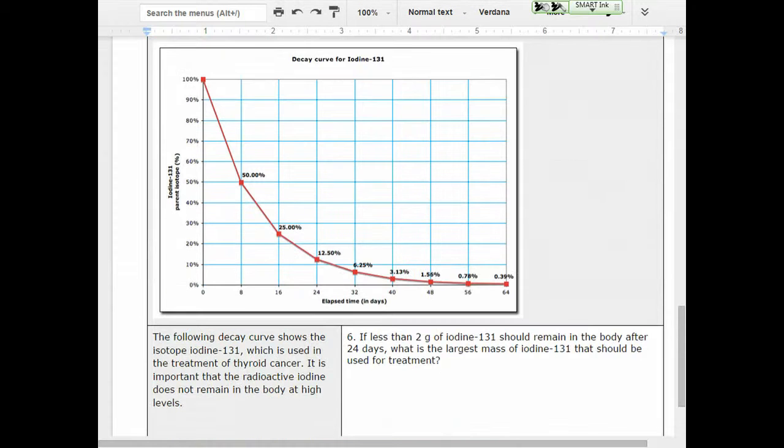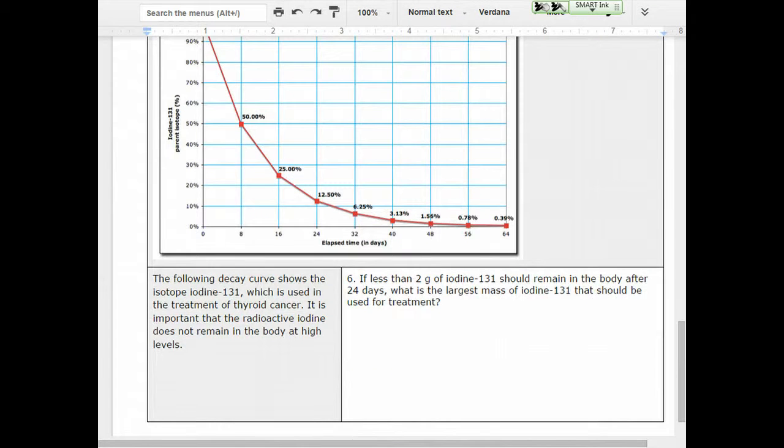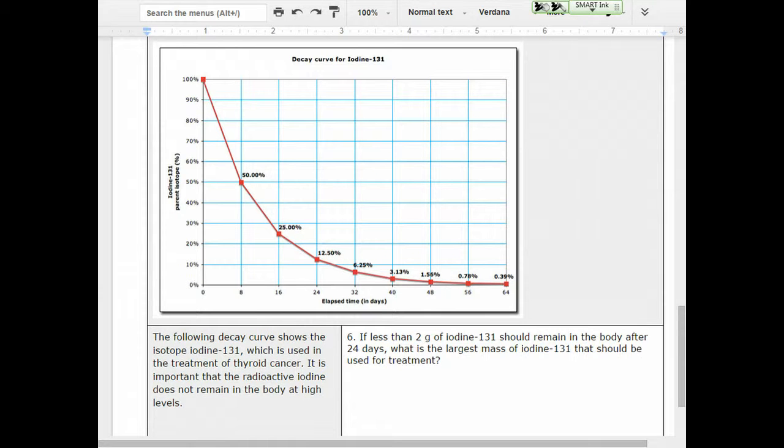Finally, we've got number 6. A couple people used different approaches to solve this problem. We want to end up with 2 grams after 24 days. Okay, so percentage-wise, 24 days, 2 grams, we're kind of just comparing it to how much should actually be there.